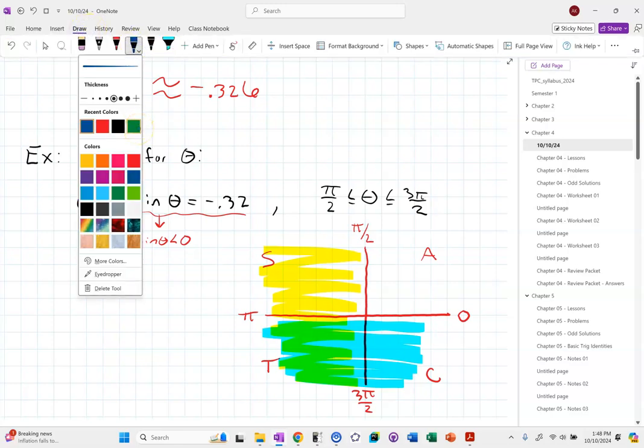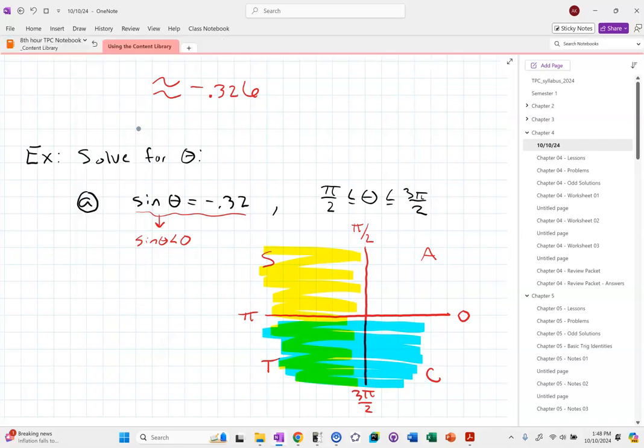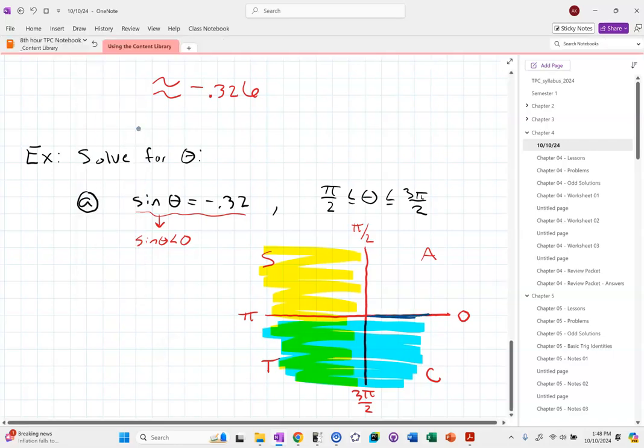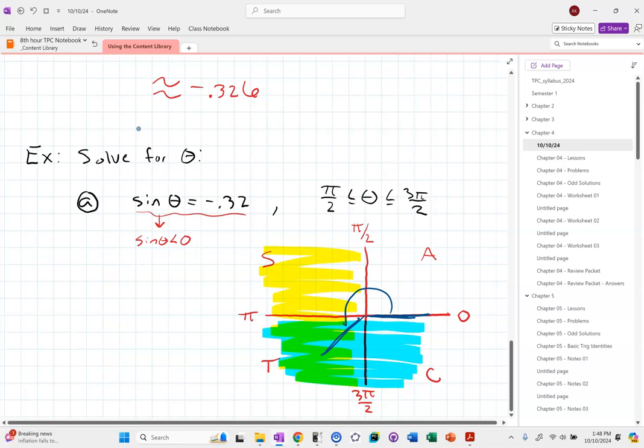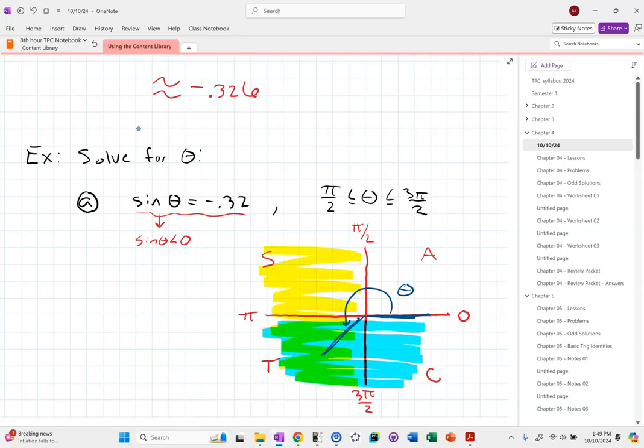So the terminal side of my angle theta needs to lie in quadrant 3, where both the inequality and the sign for sine hold.